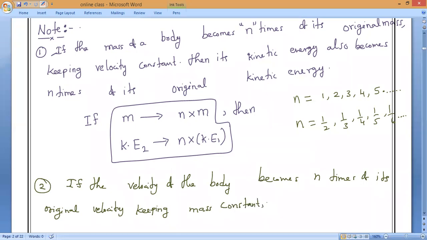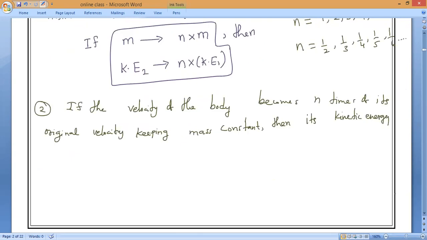Mr. Aswardhan, are you writing? You have to respond. You cannot sit simply. Mass constant. Then its kinetic energy becomes n square times its original kinetic energy.